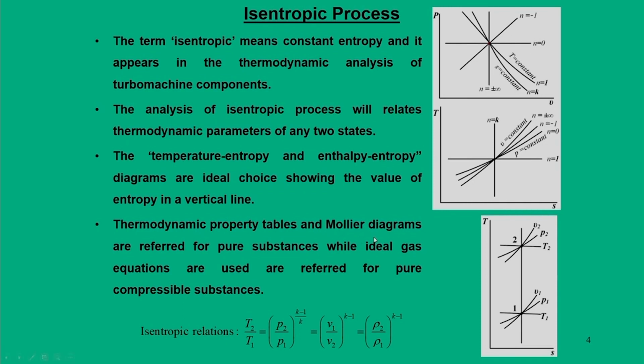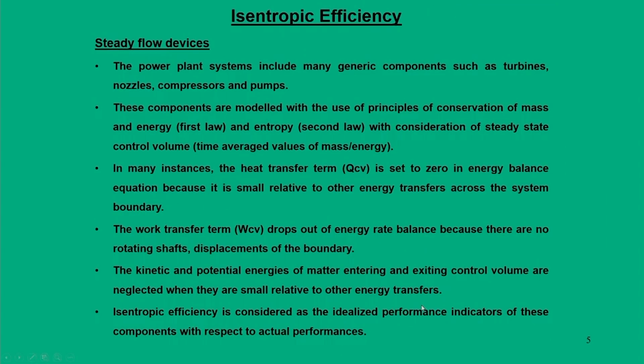We also will explore Mollier diagrams, which are nothing but the enthalpy-entropy diagrams. And for ideal gases, we have derived the isentropic relations between two states, that is pressure, temperature, volume, specific volume and density. So, this relation is very vital for analysis of isentropic process.